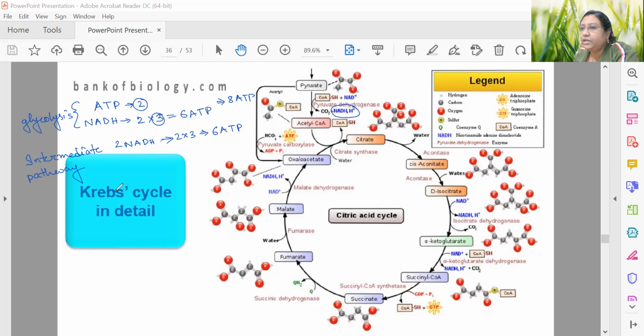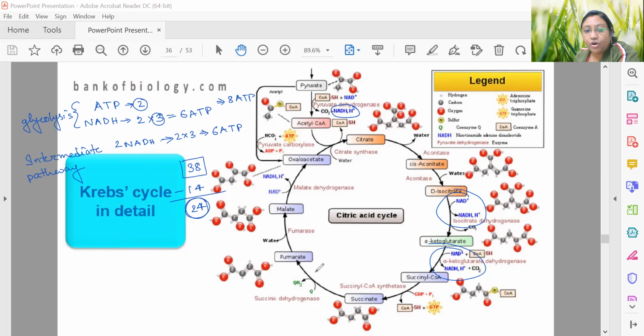But we know that in aerobic respiration, there is production of 38 ATP. So 38 minus 14, how much? 24. So these 24 ATPs, we have to calculate how and why. What are the portions where ATP is produced? One is here. Second is there.